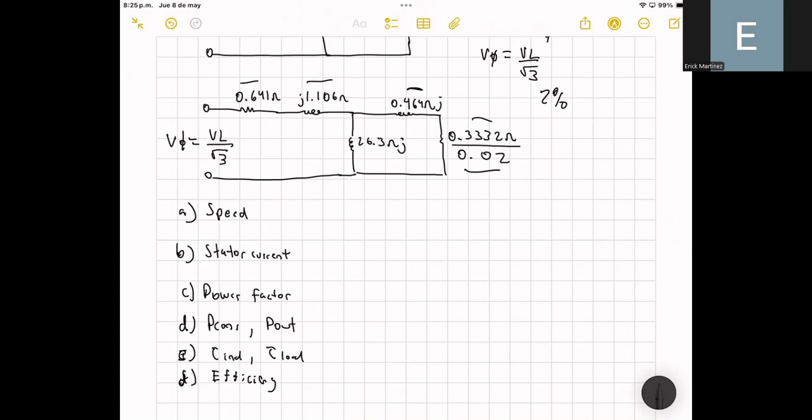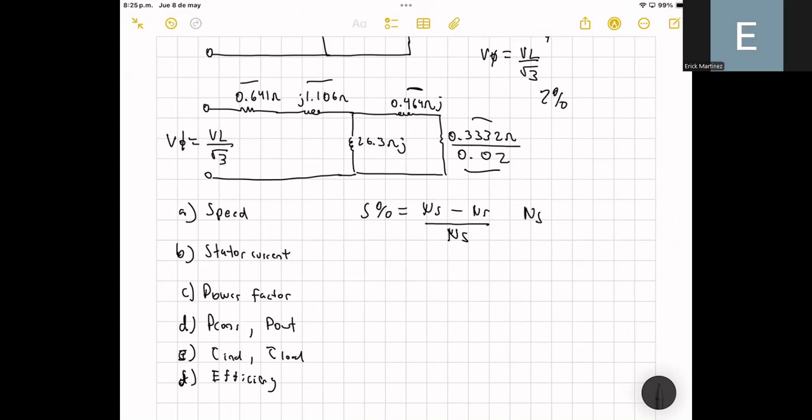So what we can do first is to compute the speed. The speed is basically the speed of the rotor. We have the following formula: the slip of the motor in percentage is equal to the synchronous speed minus the rotor speed, divided by the synchronous speed.